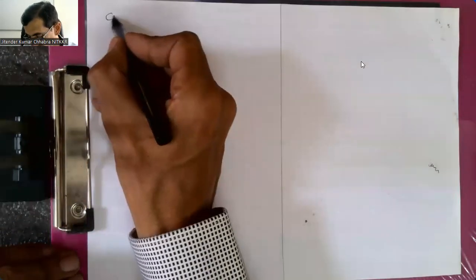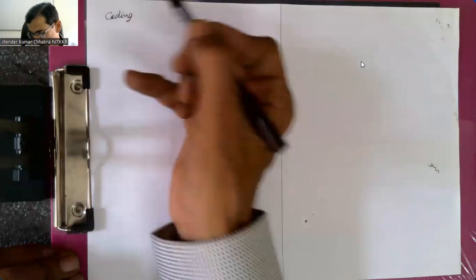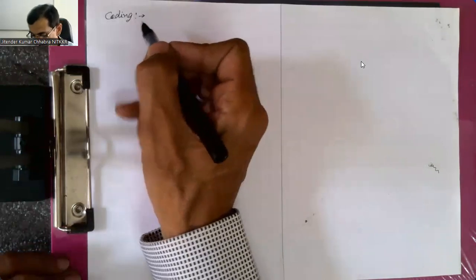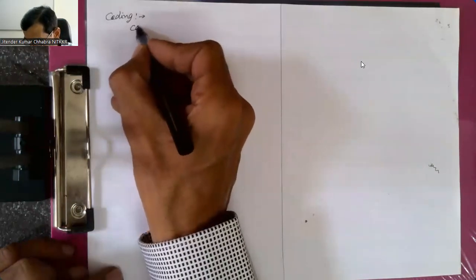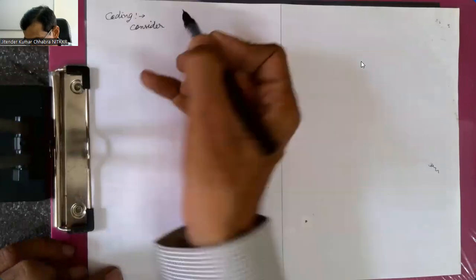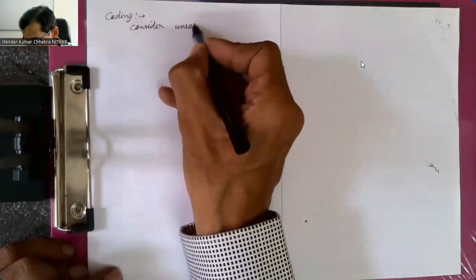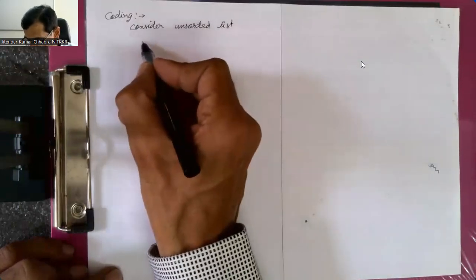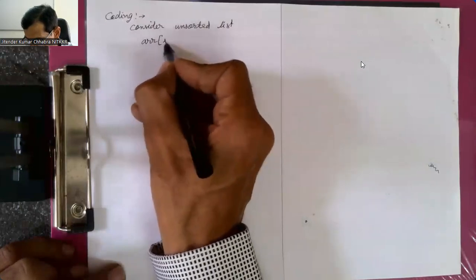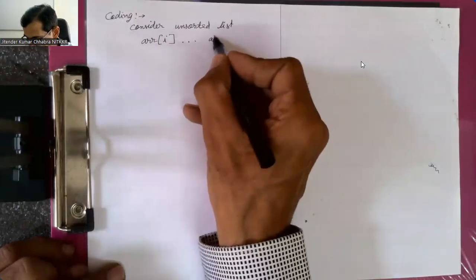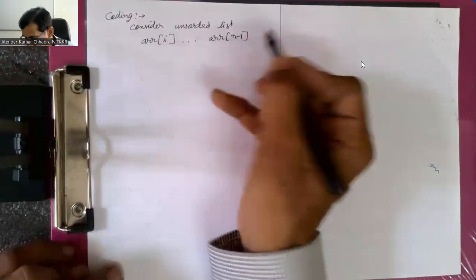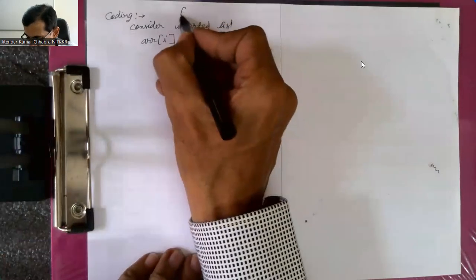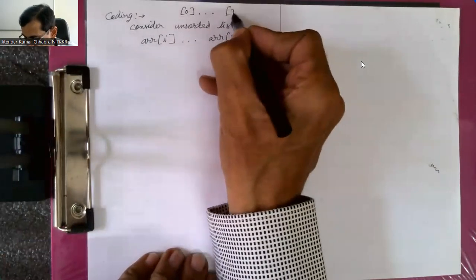Now, how to do coding for this? Knowing this logic, you should be able to do the coding. I say consider the unsorted list, because my whole logic remains on the unsorted list and finding the minimum from there. So let's assume the unsorted list is from some position array[i] to array[n-1]. Guaranteed n-1, because my array always goes from 0 to n-1.